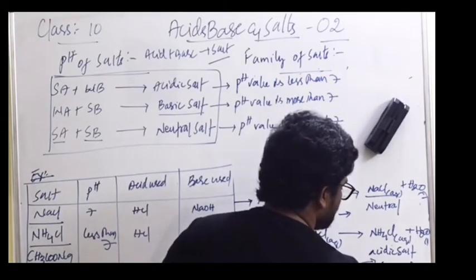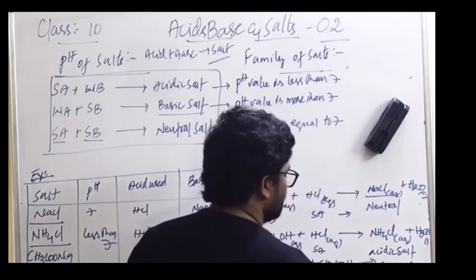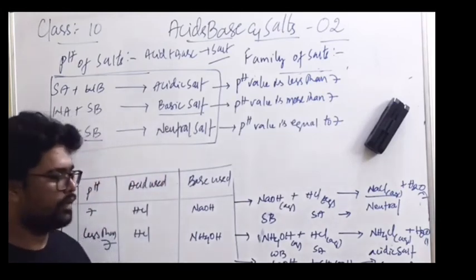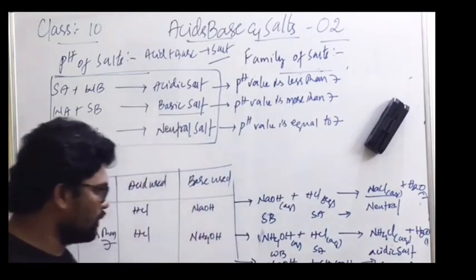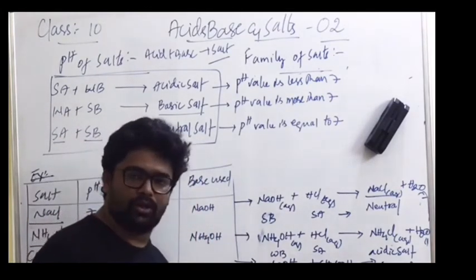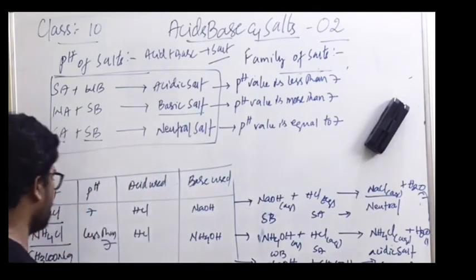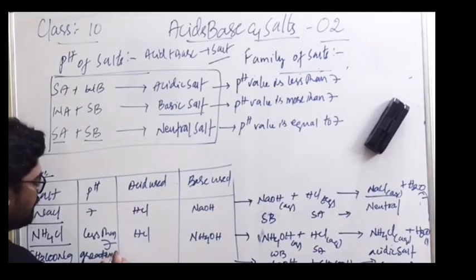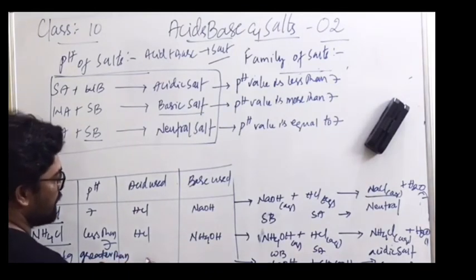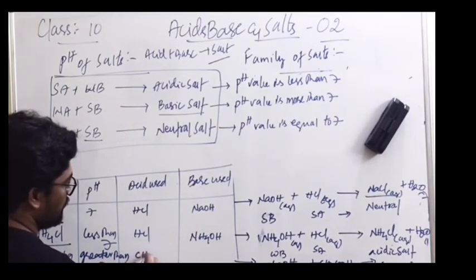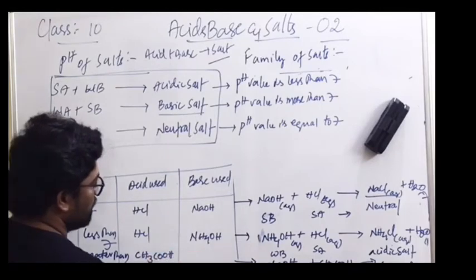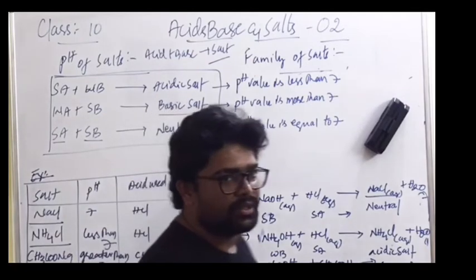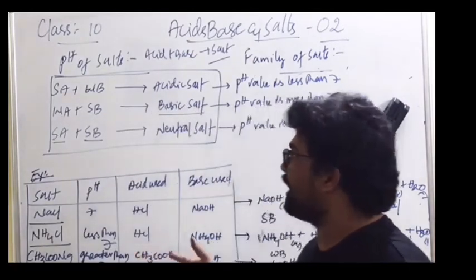This sodium acetate is called a basic salt. Why am I calling it a basic salt? Because it is a combination of a strong base and a weak acid. The salt formed by the combination of a strong base and a weak acid, we call a basic salt. If it is a basic salt, the pH is greater than 7. What is the acid that is used? CH3COOH. What is the base that is used? NaOH. Right, children? This is the concept of how we find the pH of a salt.